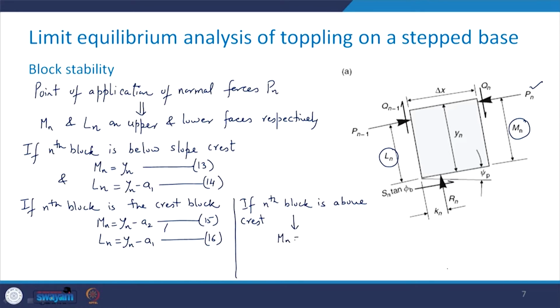This Mn will become equal to Yn minus A2 and Ln is equal to Yn. What are these A1, A2? Everything you have with you, and you can refer to the first figure of this lecture which I have already shown to you.